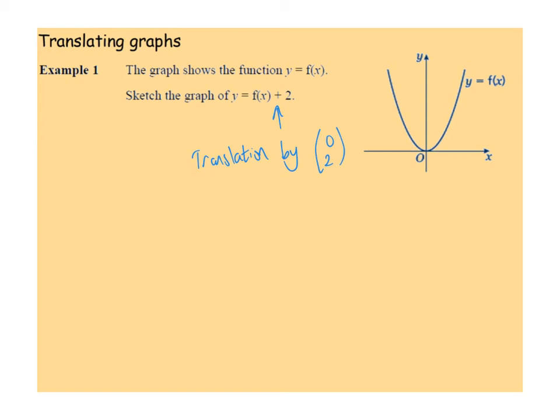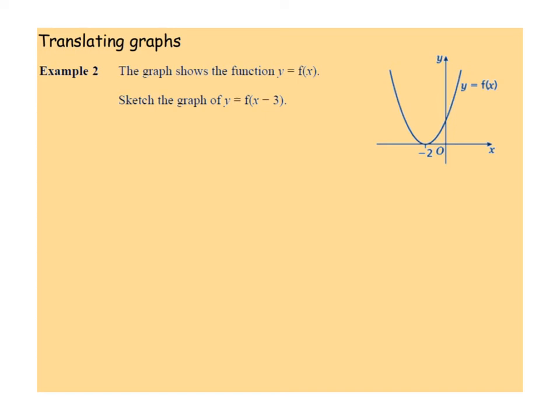So it's going to have the same shape. That wasn't a very good graph. I'll try that a bit better. And this point would be 2 because this would have gone up by 2 places. And that would be good enough for sketching the graph.